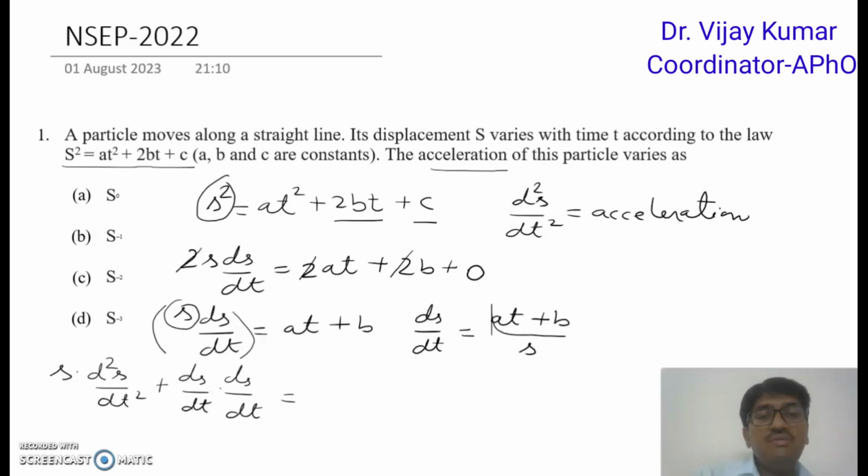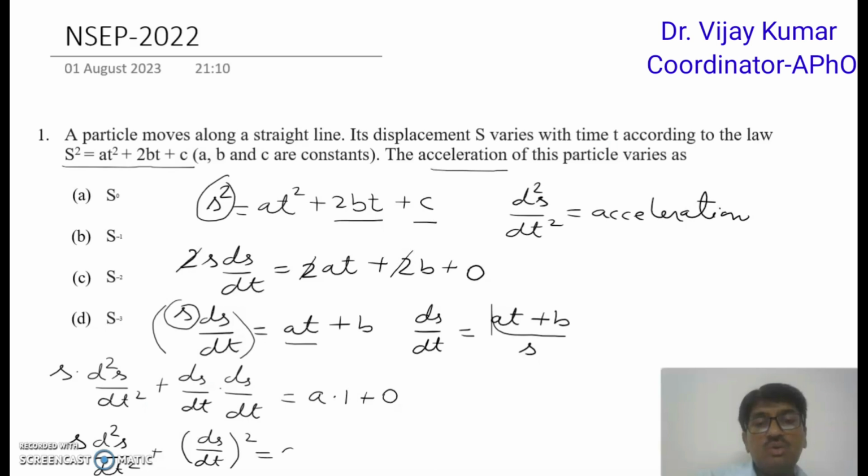On the right side, differentiation of at is a, differentiation of t is 1, and differentiation of b is 0. So it becomes s d2s upon dt square plus ds upon dt whole square equal to a.